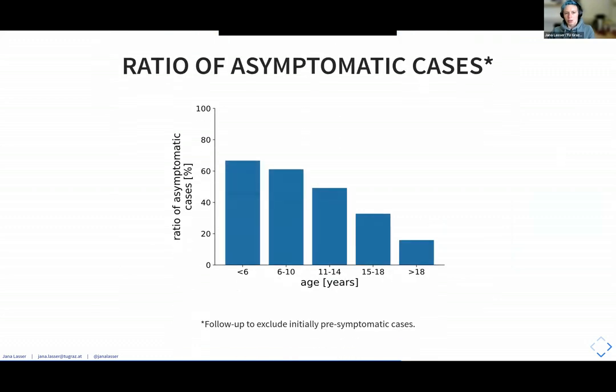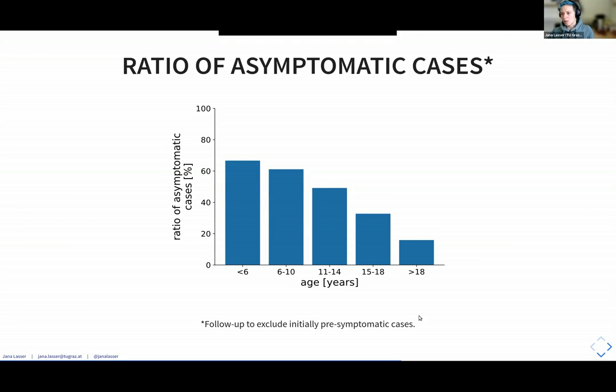And then we also get the ratio of asymptomatic cases in each cluster, and it starts out at about 3/4 of children aged below 6 years being asymptomatic, whereas when we are in the adult age range, this drops to about 1/4. And these numbers are comparatively low compared to what we know for asymptomatic infections of COVID. This is all wild type strain.